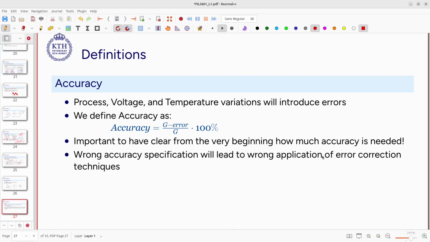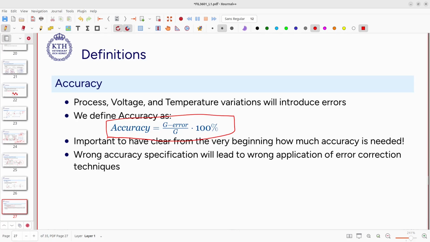We defined the accuracy of our amplifier as the deviation from the nominal gain, expressed in percentage. We will be using this formula to define the accuracy of our systems. This is important because we need to know from the beginning how much accuracy we will need, because very highly accurate amplifiers require very careful considerations and very large loop gain, so we will pay with complex designs.